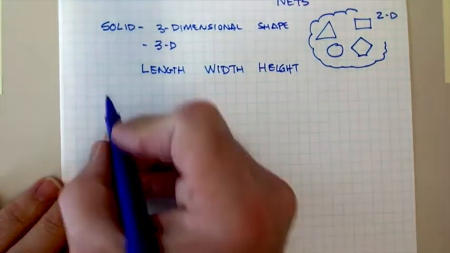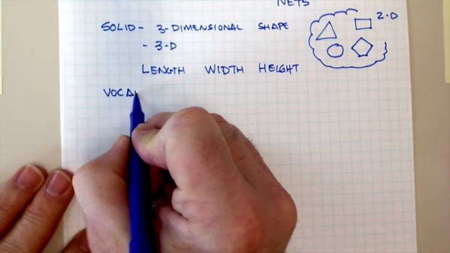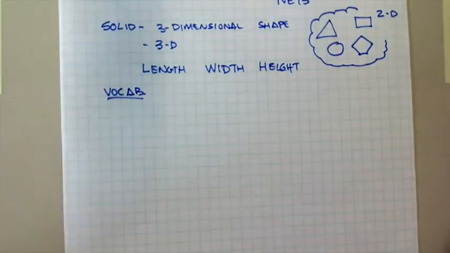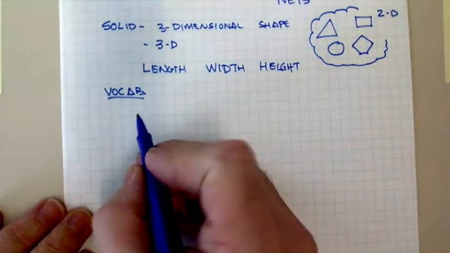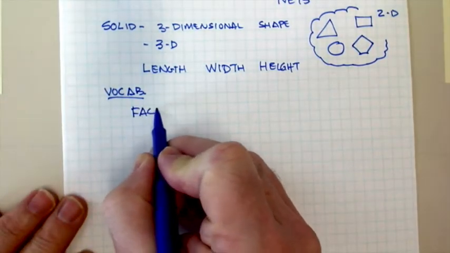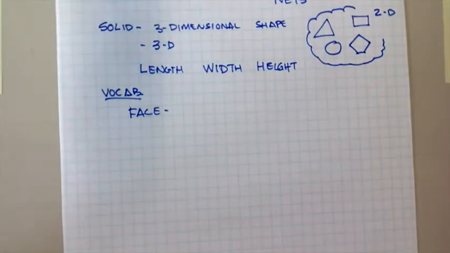So let's go over some vocabulary here. We have vocabulary just about every unit, just to make sure we're all talking about legitimate math terms. So first of all, I want to go over what we mean by a face.